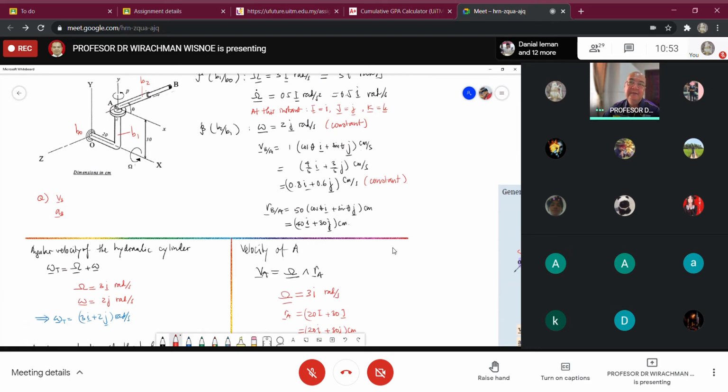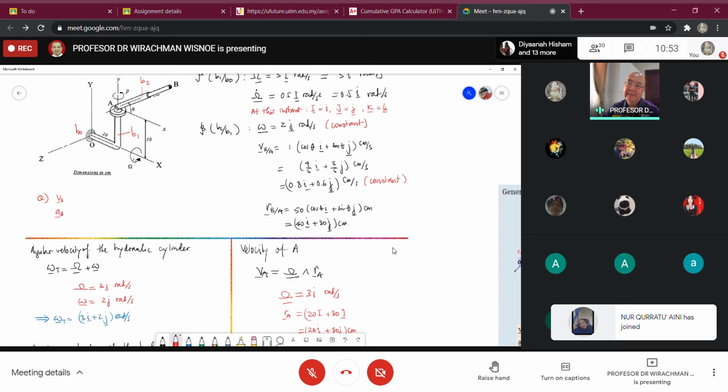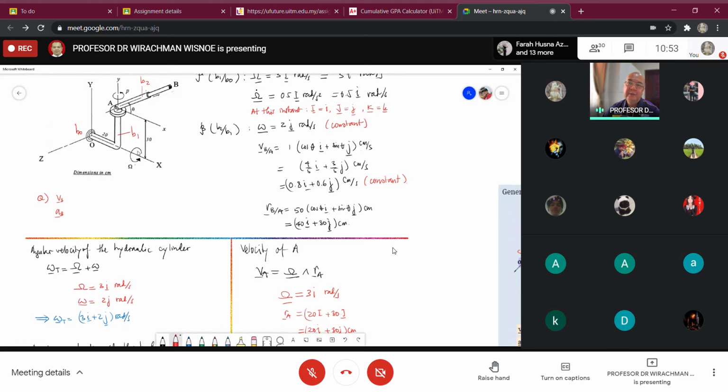A rotates with respect to the x-axis with this angular velocity. Whether it is rotating or not, point A doesn't change.